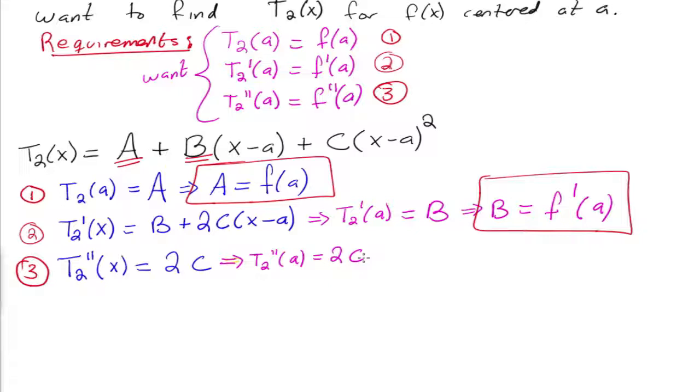But so what is that? I'm trying to find c, right? So I want this to equal the second derivative. So I want 2c to equal the second derivative at a. So this means that c has to equal 1/2 of the second derivative at a, right? Does that make sense?